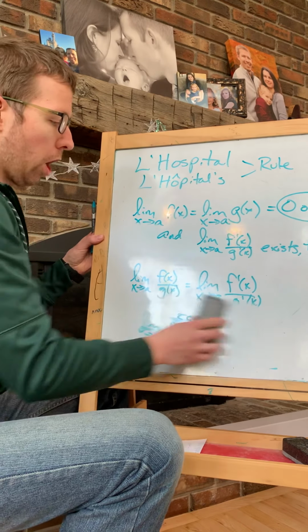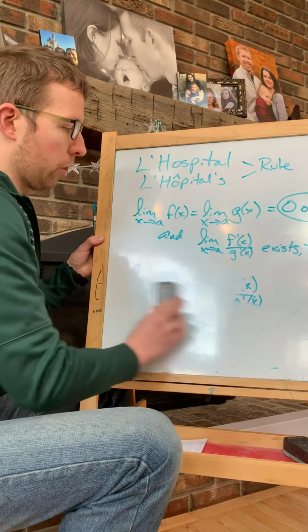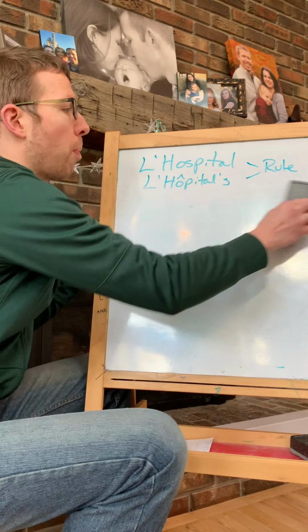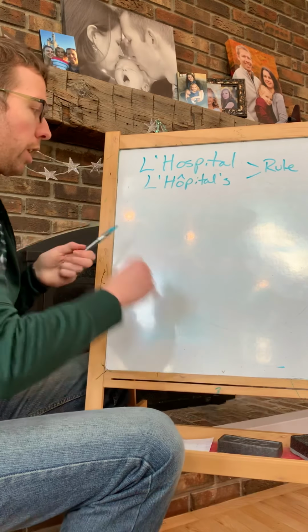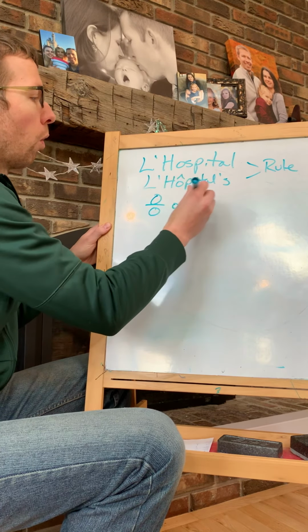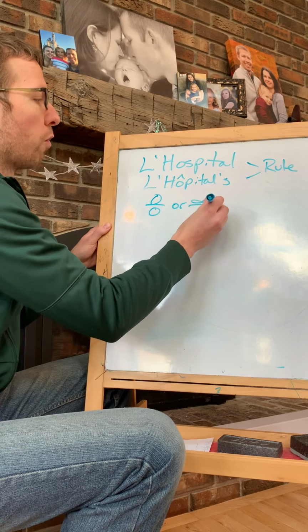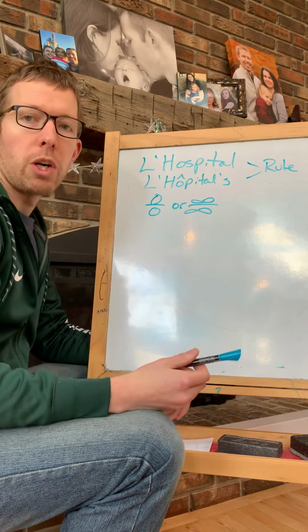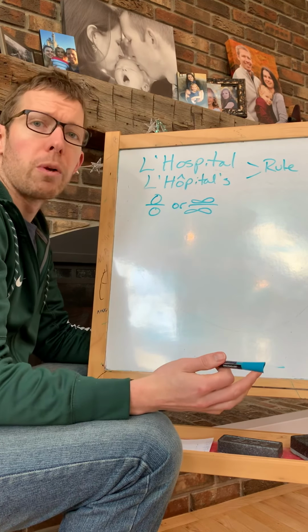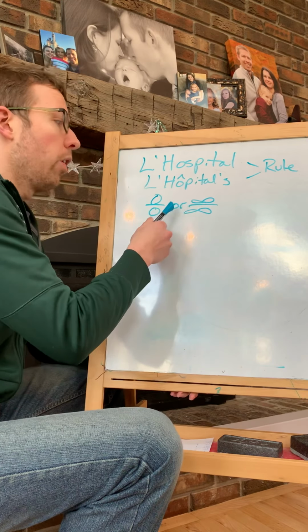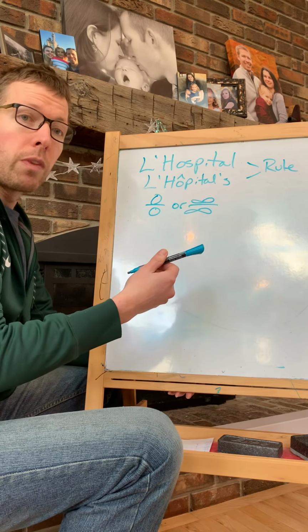And in AP Calculus, the indeterminate forms that we are going to be particularly interested in are the forms 0 over 0 or infinity over infinity. And if we find either of these two indeterminate forms, and there are other indeterminate forms, these are just the ones we're interested in right now, then we're going to use L'Hôpital's rule.